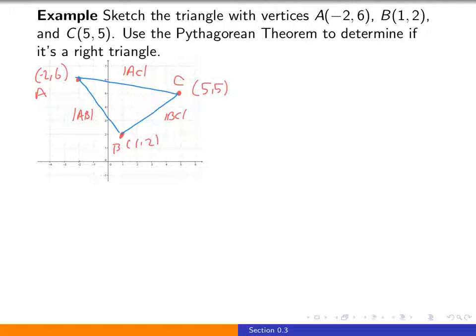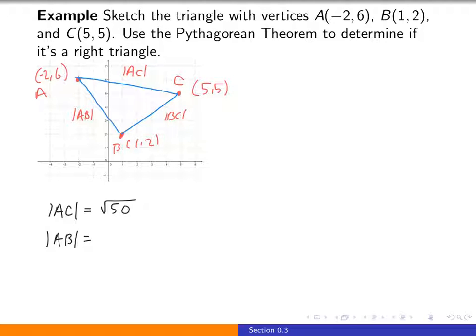From our work on the previous slide, we have seen that AC is equal to the square root of 50. We now need to calculate the length of the side AB, and in a moment the side BC.